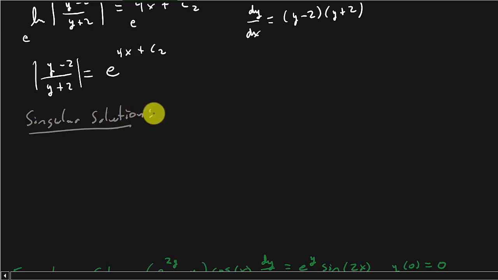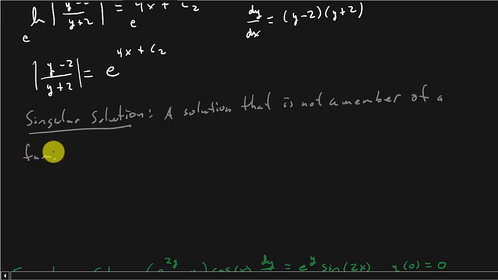This is a solution that is not a member, like the negative 2 is not a member of a family of solutions of the equation.